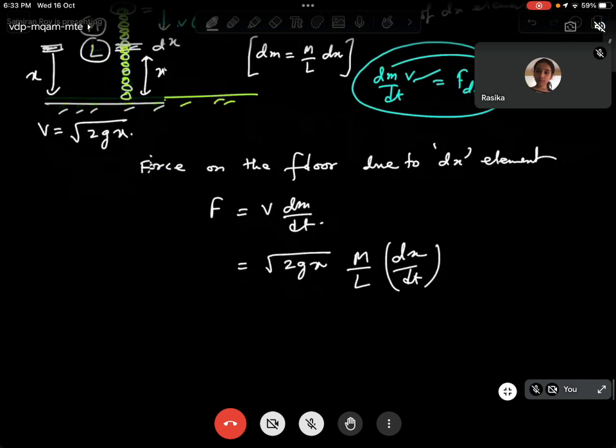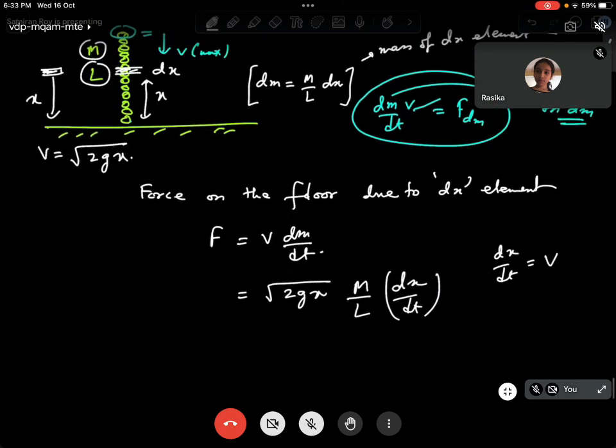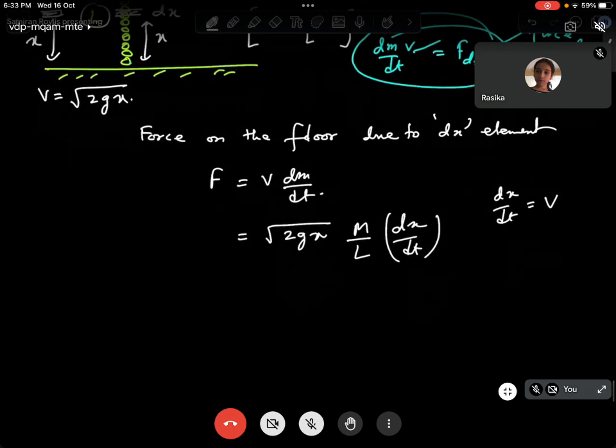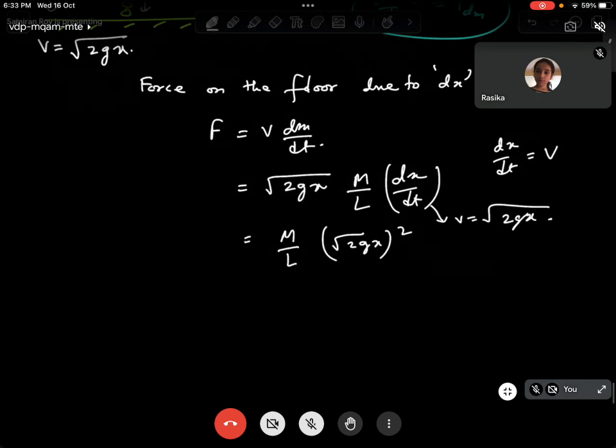What is dx by dt? dx by dt, the rate of change of x with respect to time, is also v. So I can write m by L, root of 2gx whole squared, because this is also v, equal to root of 2gx.